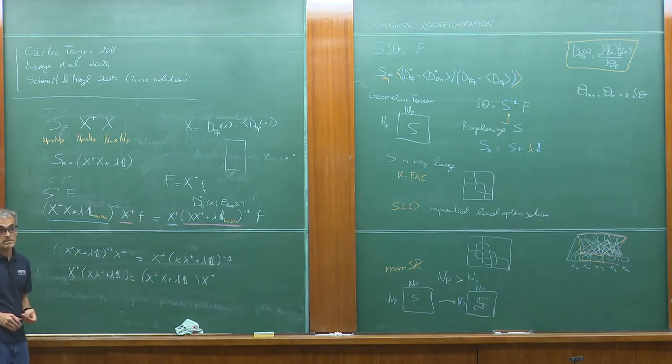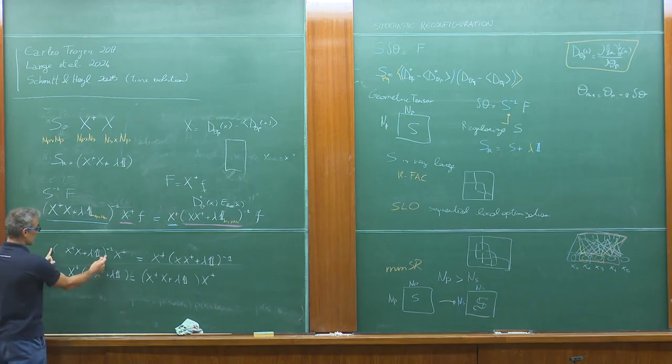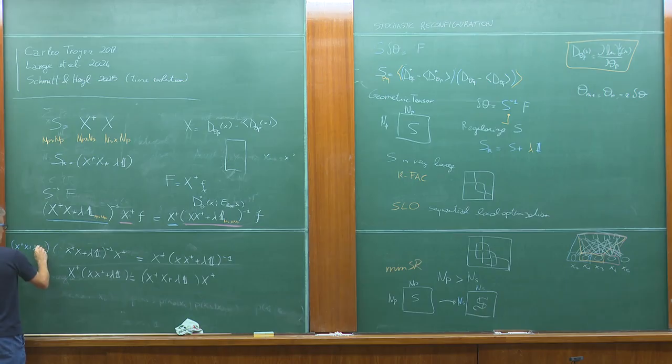Good? Yes? How can you switch this x dagger from the left hand side to the right hand side? I have not switched. I multiply this side by the inverse of this, right? So I multiply here by x dagger x plus lambda identity, okay? And I do it also here.